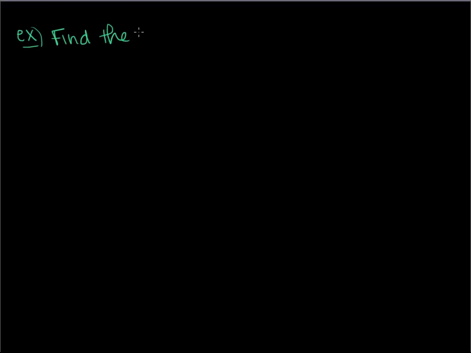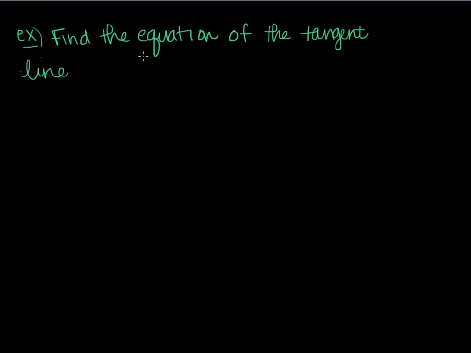What I would like us to do is find the equation of the tangent line to the curve, or to the graph of y equals, let's say, 3x squared minus 2x plus 4.